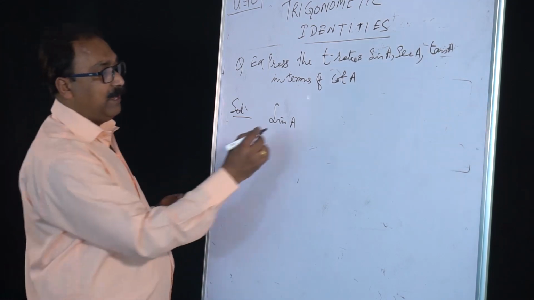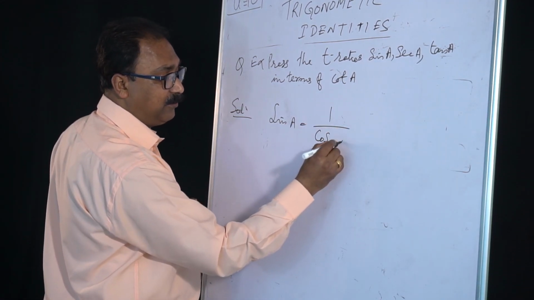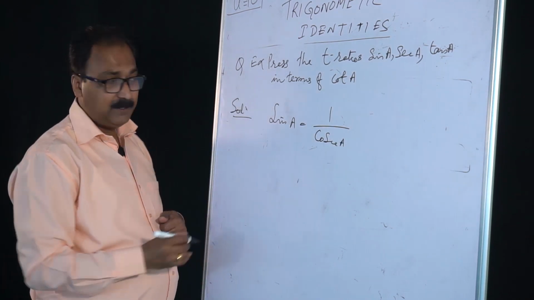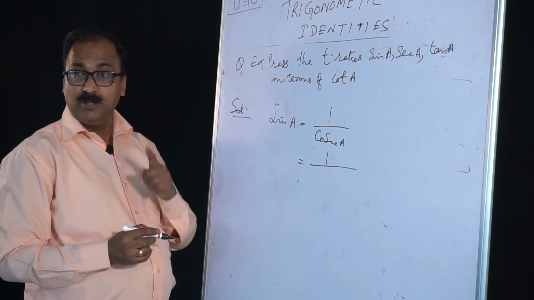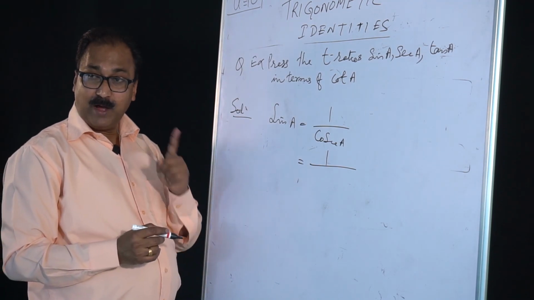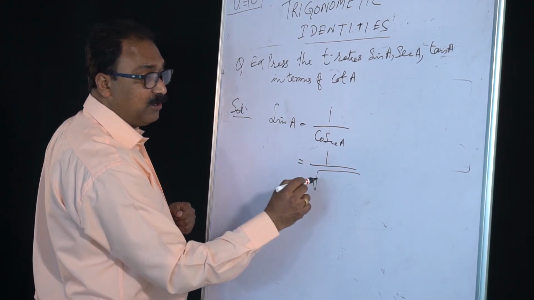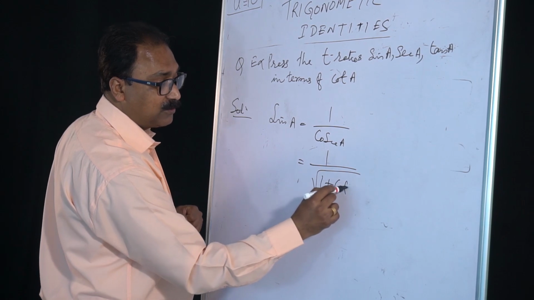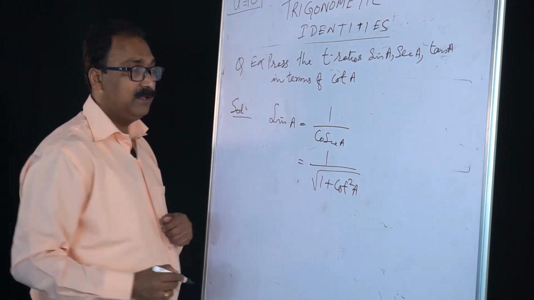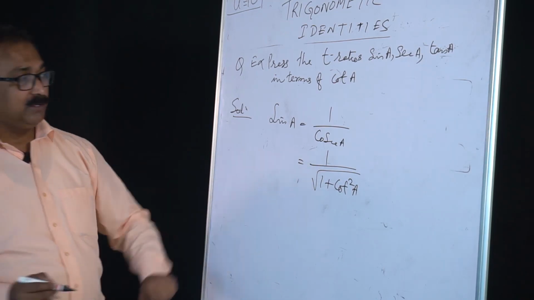So the sin A formula is 1 by cosec A. You already know this formula, no? After that, cosec A formula is what? 1 plus cot square, under a root, because here square is not there. Clear? So sin changes into cot. There is no other ratio, only cot.